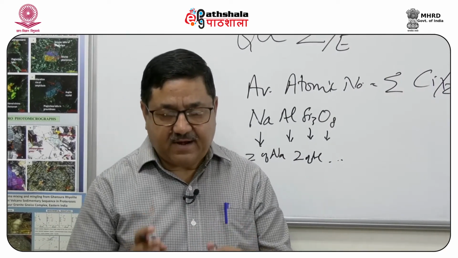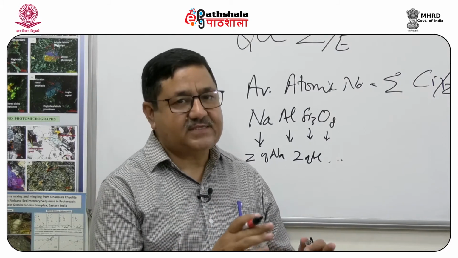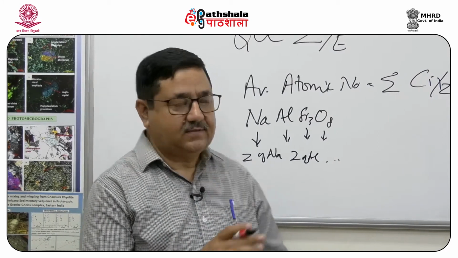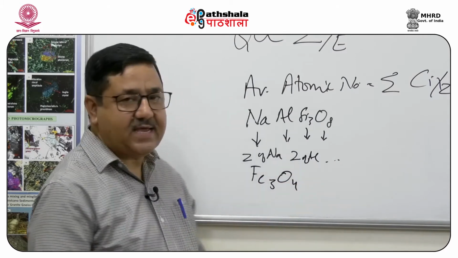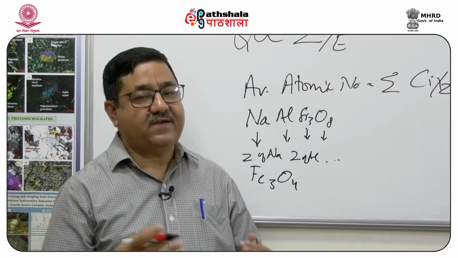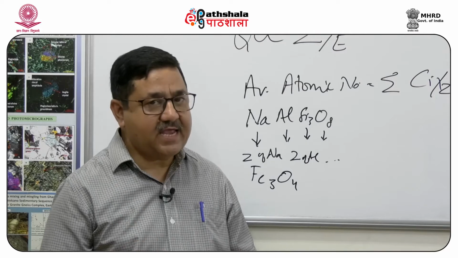And if Albite and magnetite are present together, then magnetite will appear brighter because its average atomic number is higher.